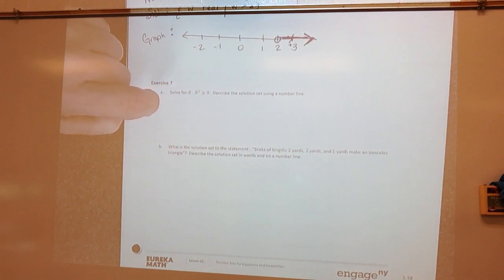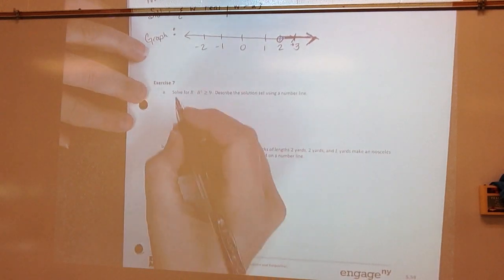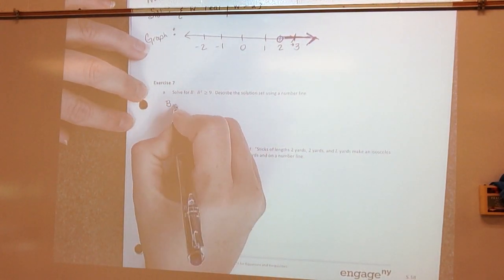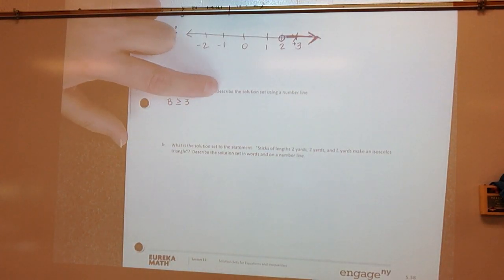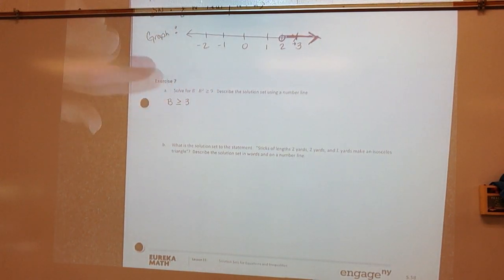What would I put in there? Well, b could be greater than or equal to 3, because 3 times 3 is 9. But what else could I put in there? Negative 3.